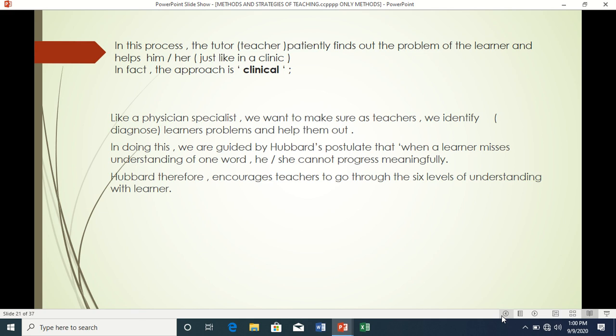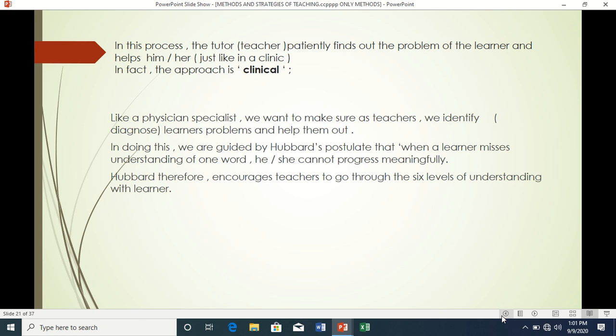Remember that anytime a child missed a word or a phrase, everything became jumbled in the mind and the child would be fidgeting. It is the same way, according to Hubbard, that when a learner misses understanding of one word, that student cannot progress meaningfully.